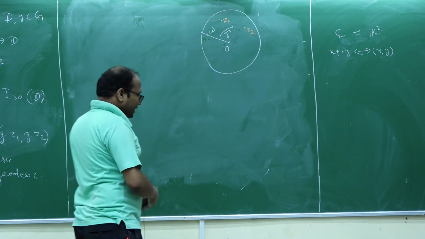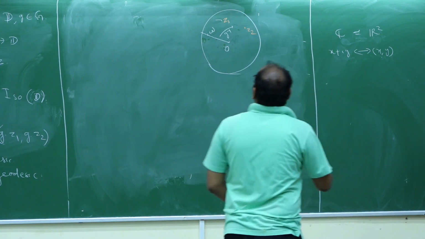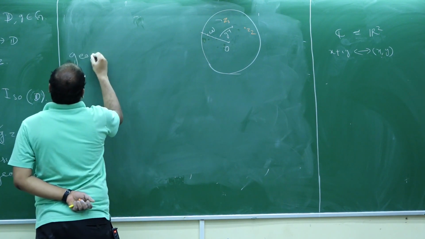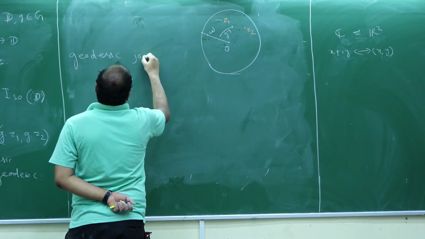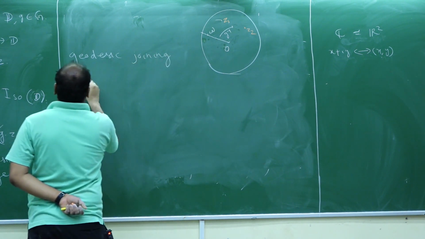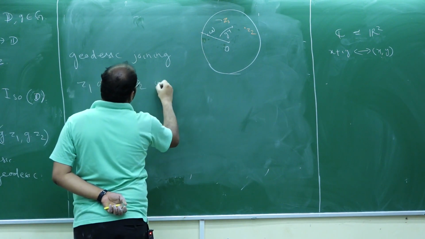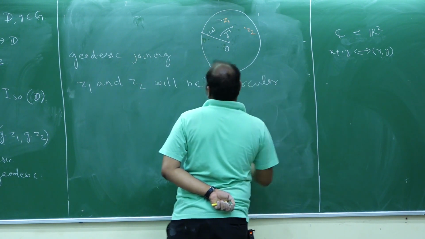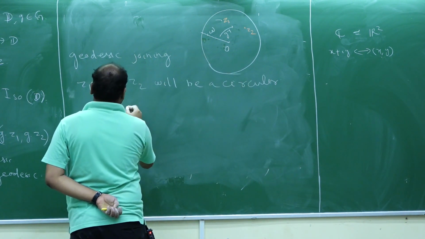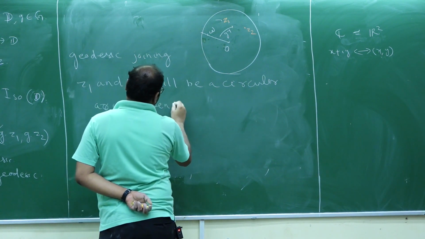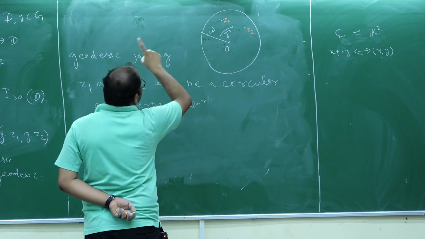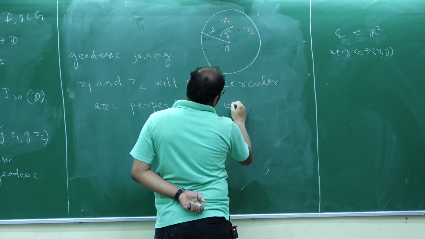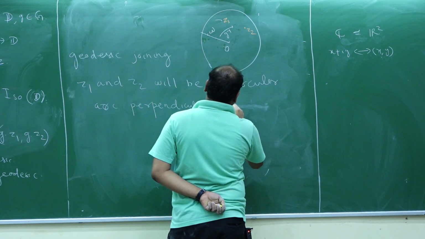Since this Mobius map takes circles to circles and preserves angles, the geodesic joining Z1 and Z2 will be a circular arc perpendicular to the boundary, because the original geodesic was a circular arc perpendicular to the boundary.